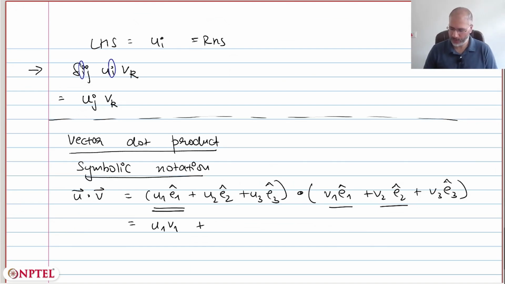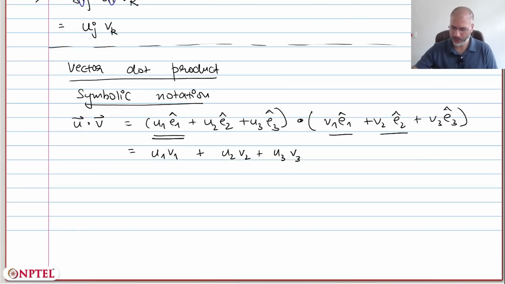So we'll end up with u1 v1 plus u2 v2 plus u3 v3, from all the terms where we have an e1 dot e1, an e2 dot e2 and an e3 dot e3. This is something we already know. We have been doing that for a long time. But let's do it using the indicial notation. That is what is important today.